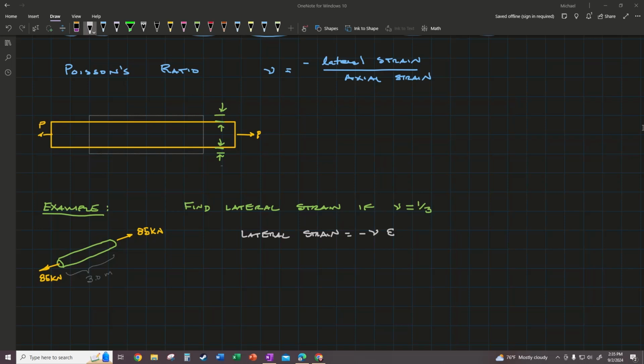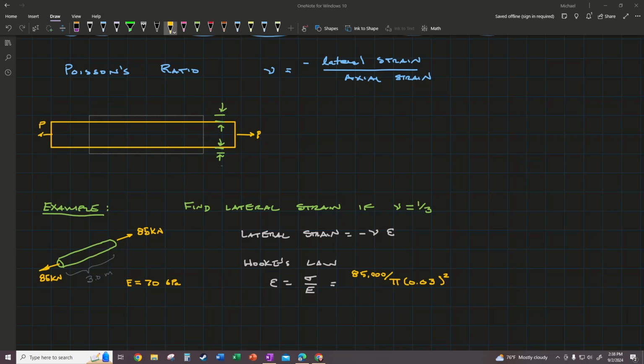So the lateral strain equals, due to the relationship above, minus nu times the axial strain, or the longitudinal strain. So we can use Hooke's law to figure out what our strain is. That axial strain is our stress over our Young's modulus for this material. And this material is aluminum, and let's go with 70 gigapascals as E for that.